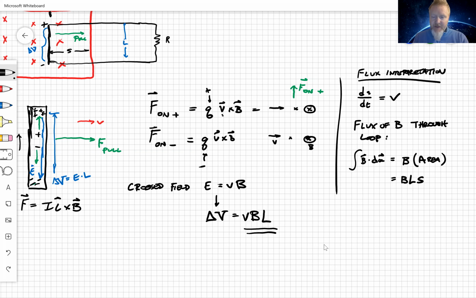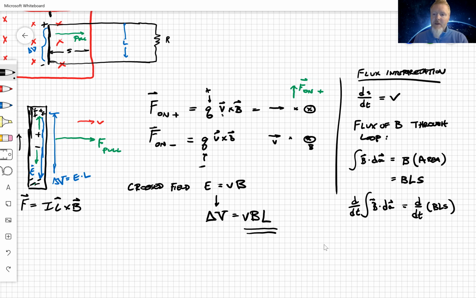And what happens is that we establish a voltage by taking the time rate of change of the flux, right? So now I'm going to do d by dt of BLS.